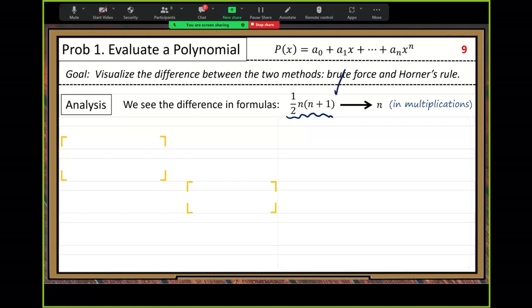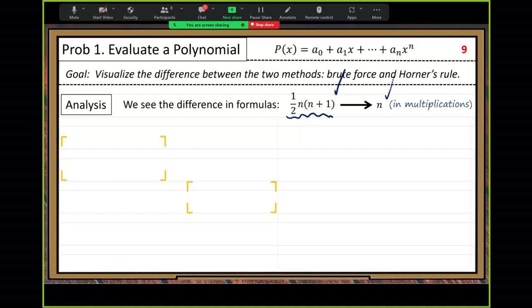Then after we apply the factorization technique, we have this many multiplications. Here, two different formulas on paper, so you may not get a good understanding of the difference.